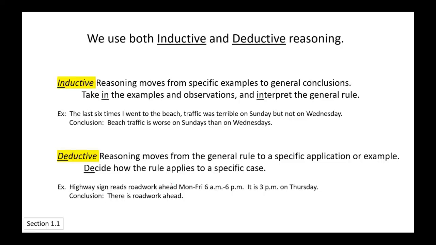So you can see where if you only use inductive reasoning, you can certainly get to a false conclusion. Now, I knew that wasn't the case then, but when you take in examples, those examples may not actually show you the rule of what is supposed to be happening.